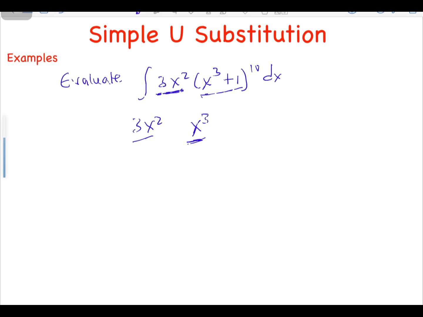If our u is representing this, remember that this is being integrated with respect to x. But if you represent this by u, it means that we are going to integrate with respect to u, and therefore this value here is supposed to be du, not dx. So how do we change this dx to du?